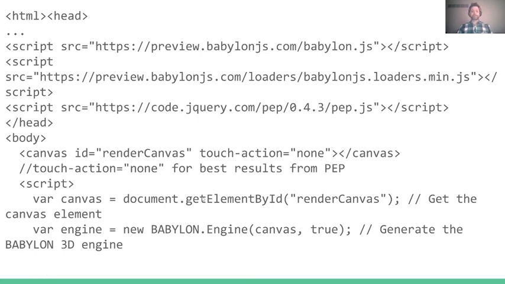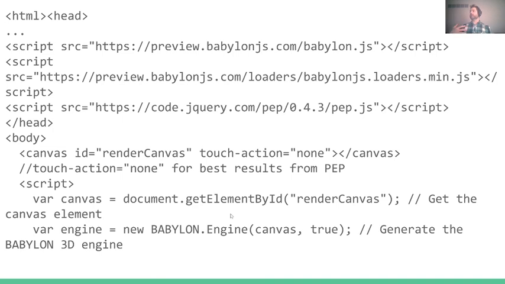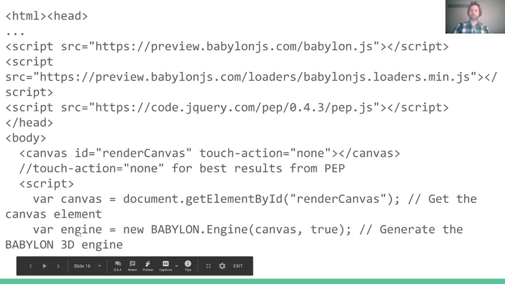We're going to get the canvas and then we'll interact with it. Whereas before, Three.js would automatically create it for you. And here you're going to create a new Babylon engine. So instead of calling like THREE.BoxGeometry, we'd call BABYLON.something. But it's going to be in reference to this 3D engine.